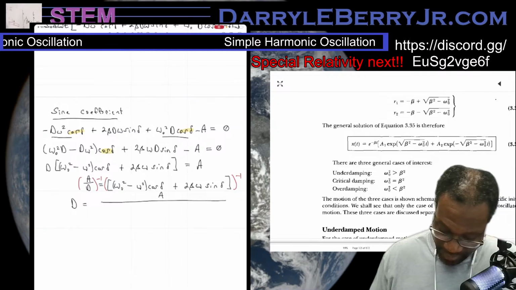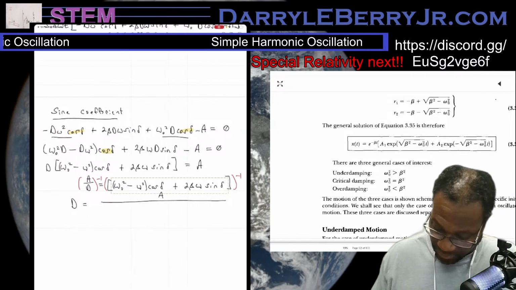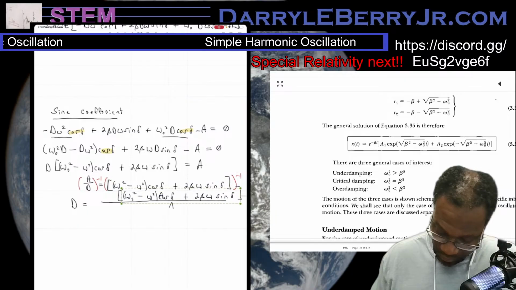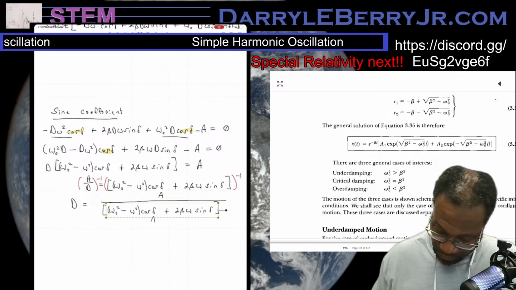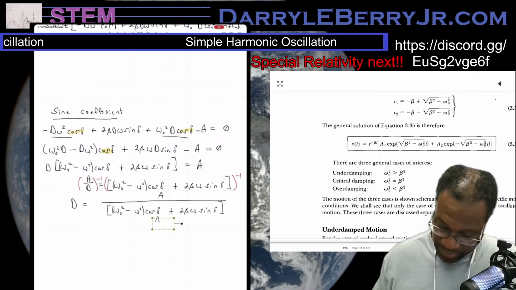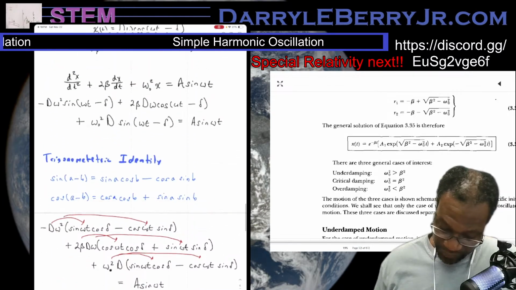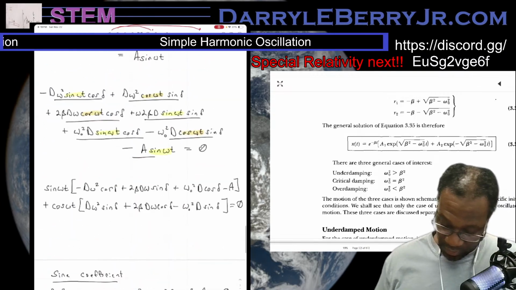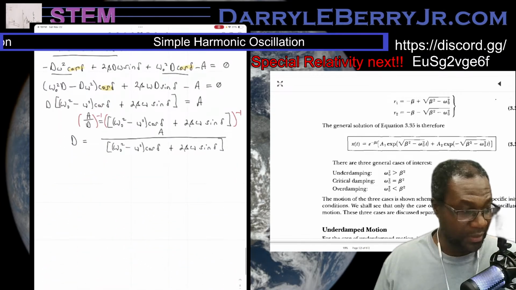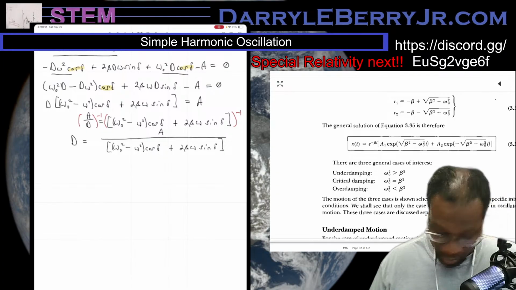And if I invert that, all of that is in the denominator. So I'll just copy it and put it in the denominator. And now we have this. So say we were trying to solve for D, because that's the coefficient of the solution that we guessed for the particular solution. And now we have what D is in terms of from the sine. We could do a little bit more with this.